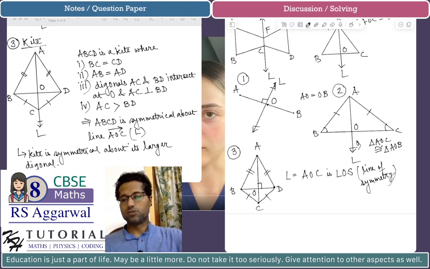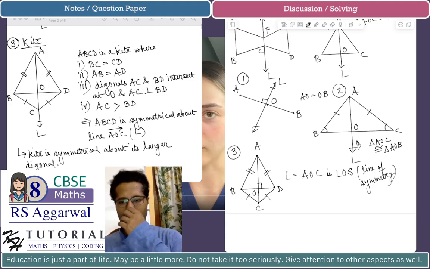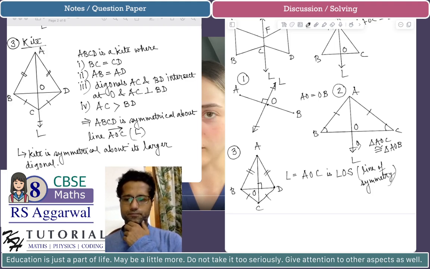Also remember that in a kite, the two diagonals are never equal. Once again, can the two diagonals be equal? Yeah, maybe the two diagonals can be equal.